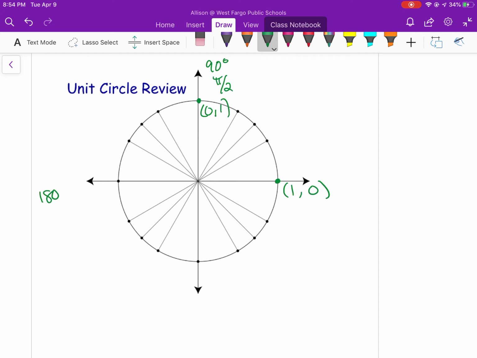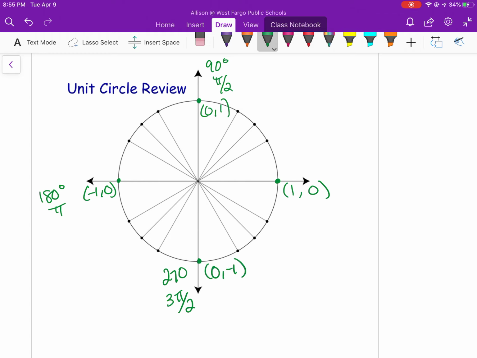At 180 degrees, or pi radians, you have the point -1, 0. And 270 degrees, or 3 pi over 2. So really you're counting by pi over 2s all the way around in radians. And this point is 0, -1.